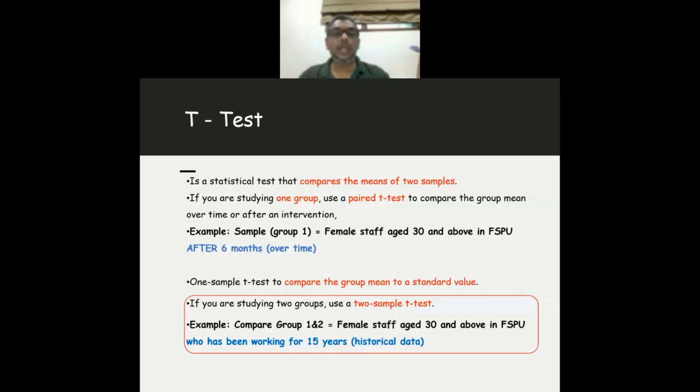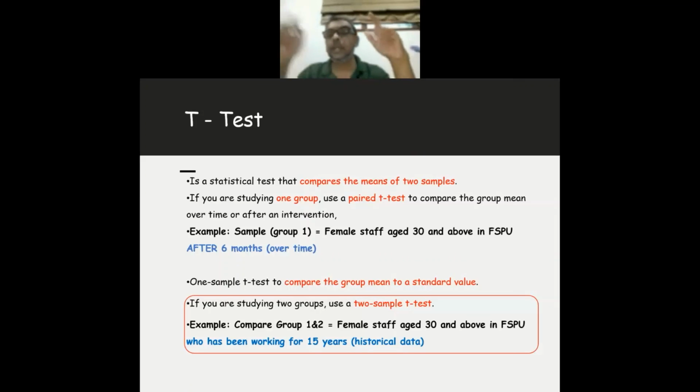Okay. So you want example. Sample 1, female staff age 13 and above in this department. After 6 months, berapa pula? Okay. Let's say student is studying online. So you want to see the effect over 6 months. So you get data first month and you get data 6 months later.